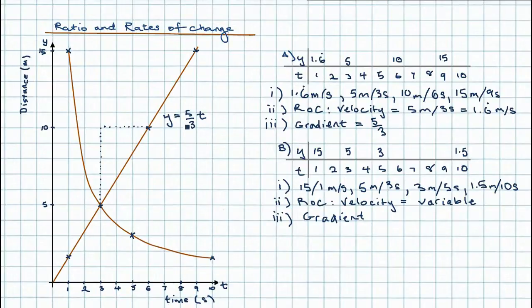We just take the coefficient of t. But here we've got y equals 15, our constant, multiplying 1 over t. So 1 over t, in other words, 15 over t. That's the equation for our curve, but we can't simply take that 15 off and make it the gradient. It's not a constant that we're looking for anyway.